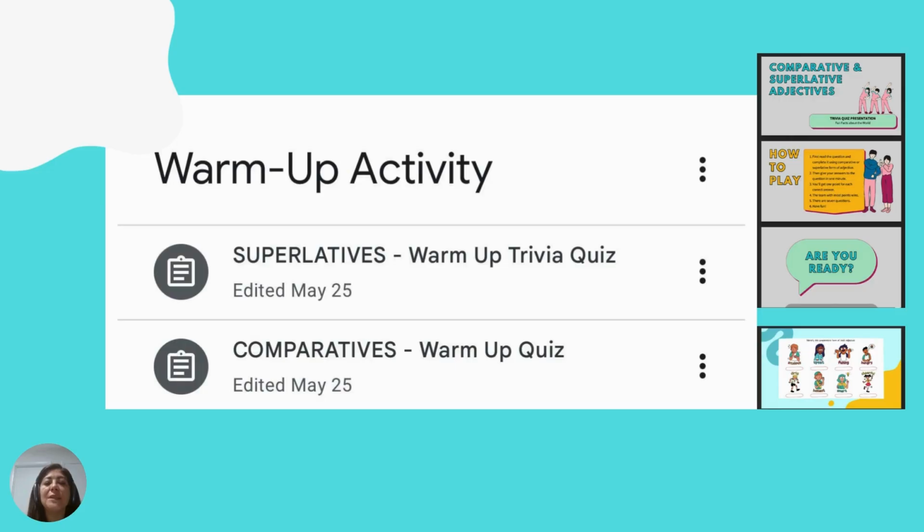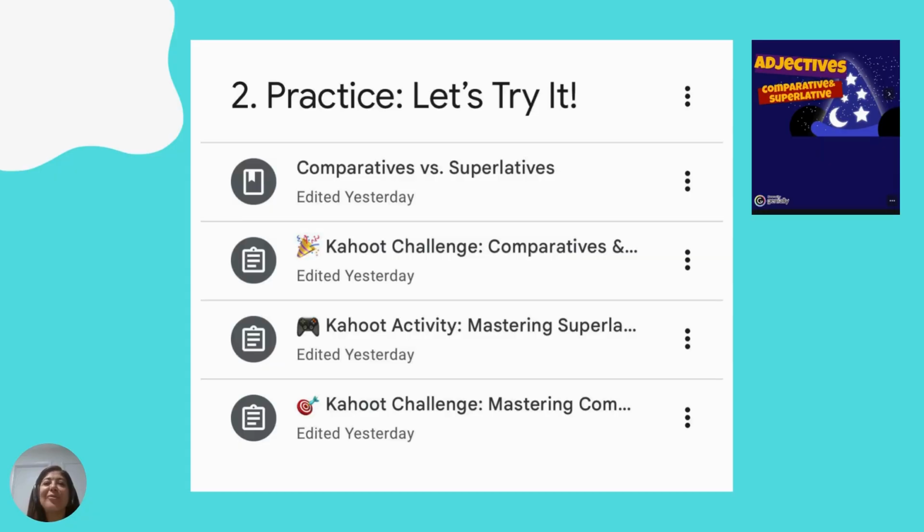We have some quizzes and trivias about superlatives and comparatives. Now that our students have already built a foundation of the topic, during the presentation portion of this lesson, the student learned grammar and vocabulary.